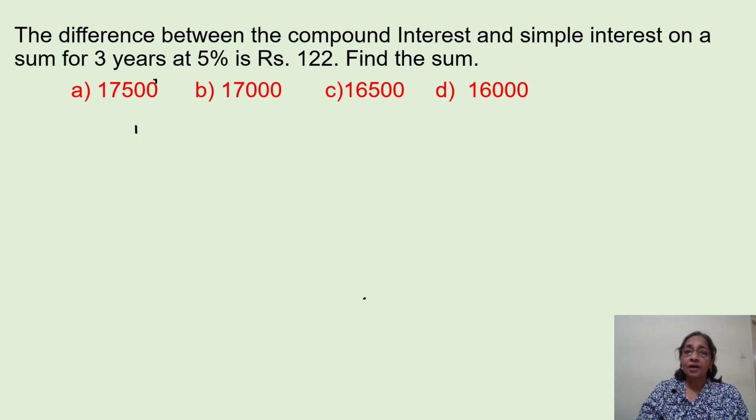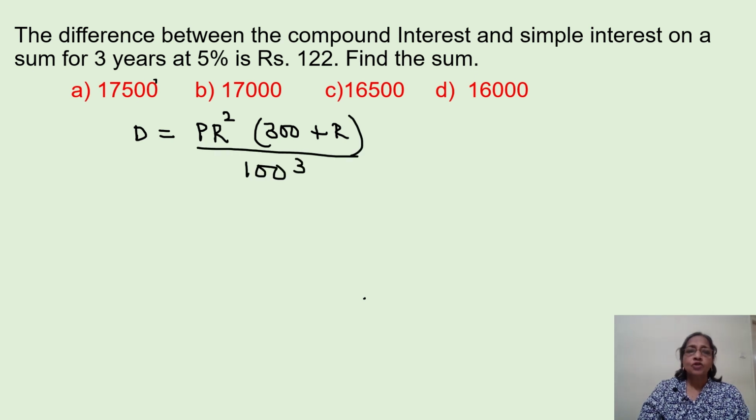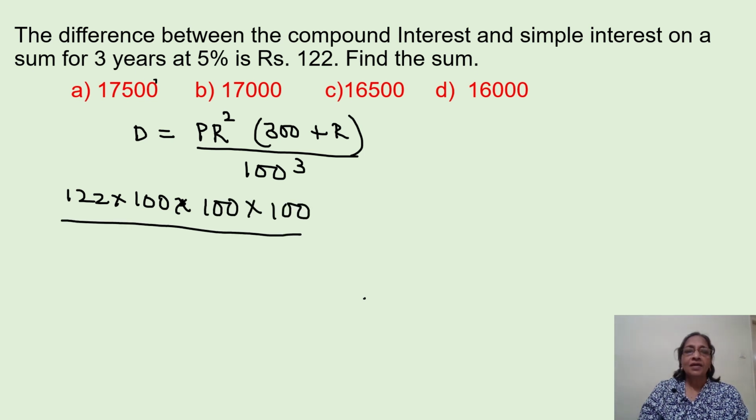Now this formula I have given you in my first video. This is the formula for 3 years. So the difference is given as 122 into 100 into 100 into 100. I am cross multiplying, divided by P we need to find.